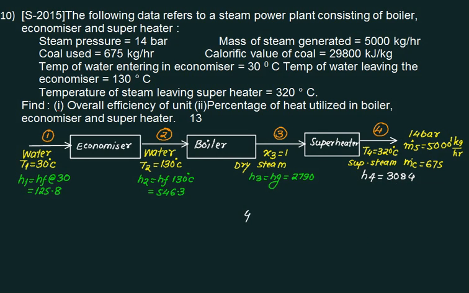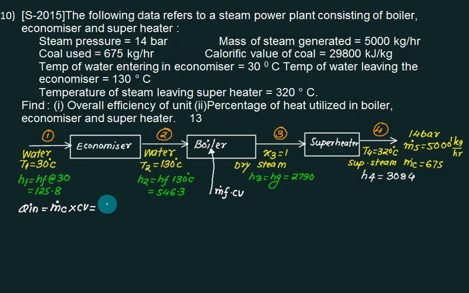Okay, check what is the requirement. Your requirement is overall efficiency and percentage of heat utilized in the boiler. So let's first calculate heat supplied. Heat is supplied only in boiler. It is mass of fuel multiplied by calorific value, so mass of coal into calorific value.